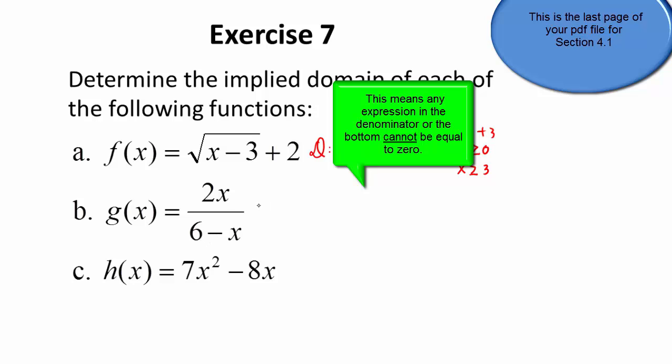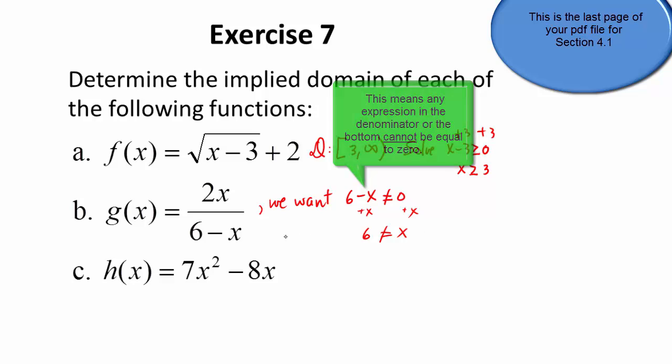So 6 minus x cannot be 0. In other words, if I add x to both sides, you do not want x to be equal to 6, because if I plug in 6 here, 6 minus 6 will be 0. So you're avoiding the number 6 on your number line for the values of x.